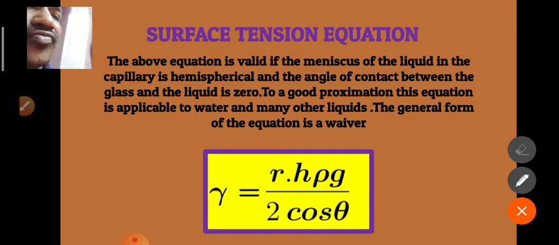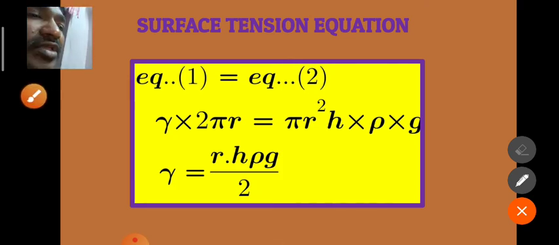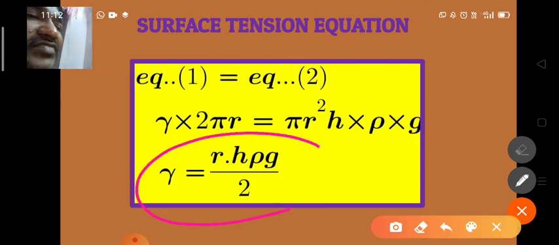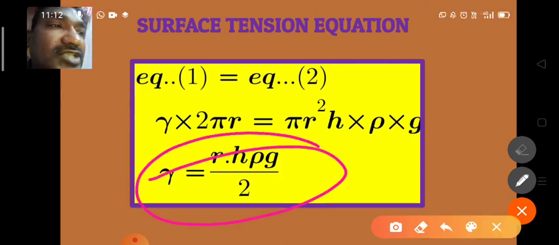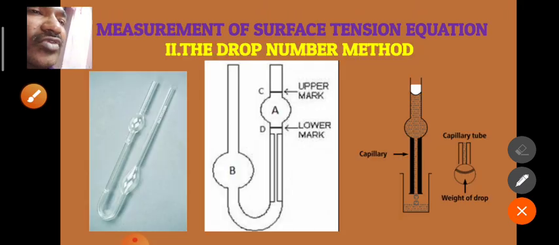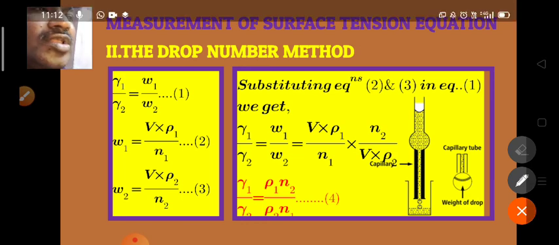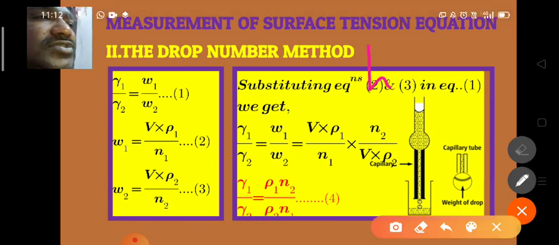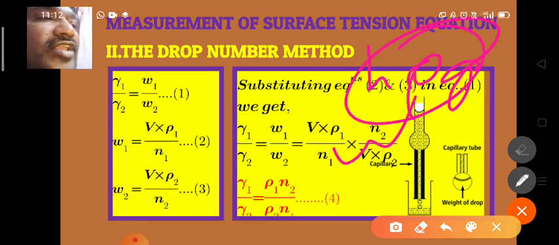Look here, my dears, the equation for surface tension is r h rho g by 2, and we know that h into rho into g gives us weight.